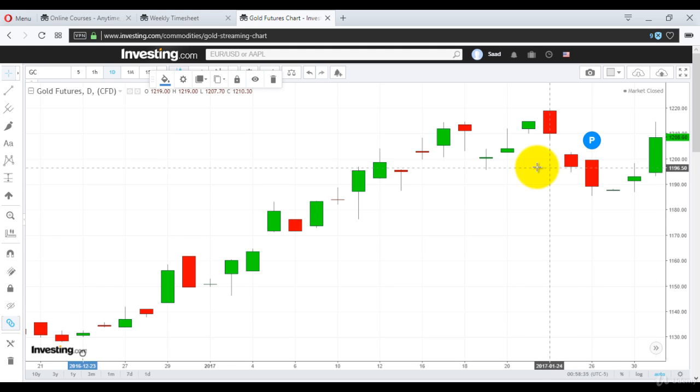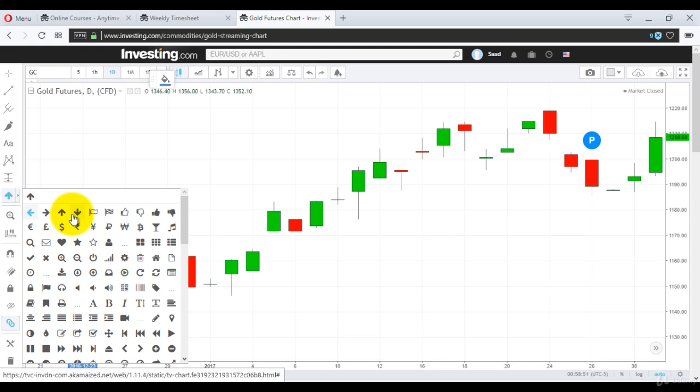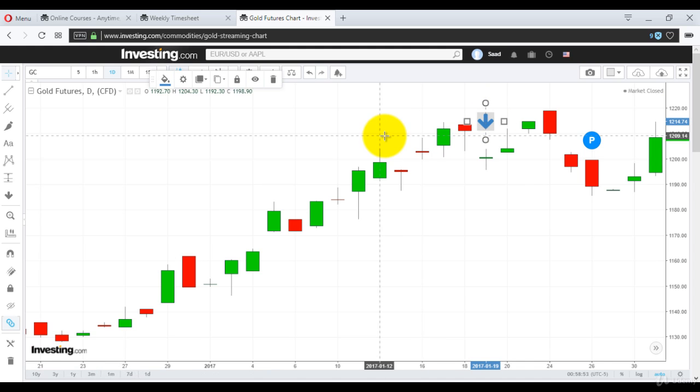But if you look at it further, understanding the game plan, this is the first high, this is the second high, and it can go and touch the third high. Now, sorry, I didn't place the icon right here.